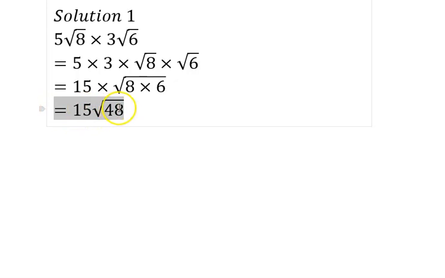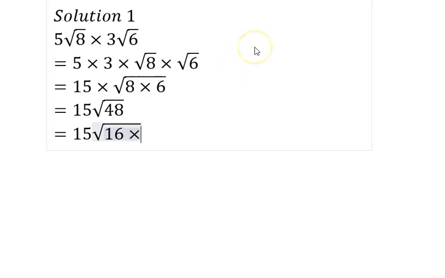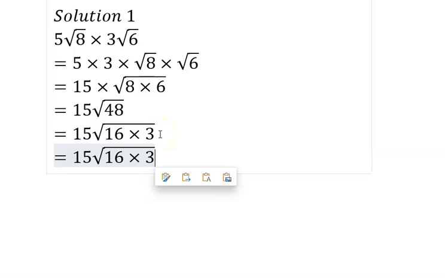So for us to maneuver our way around to get the perfect square, we can say 16 times 3 will give us 48 as well. 16 times 3 will still give us 48. You are still correct. So we can split 16, because 16 will give us a perfect square.